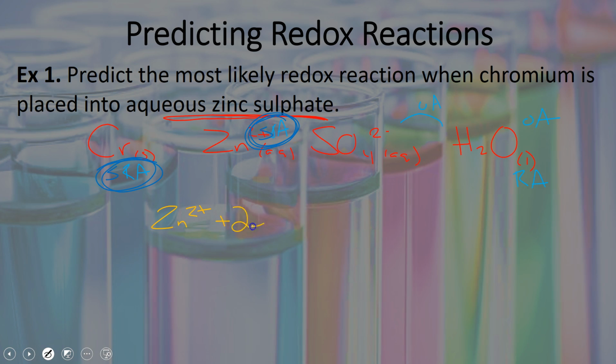Zinc 2+ plus 2 electrons becomes zinc solid. That was my SOA. The next part is to write the half reaction for the chromium solid. Make sure you write the chromium reaction going this way, because that's the reducing agent, so it's the loss of electrons.